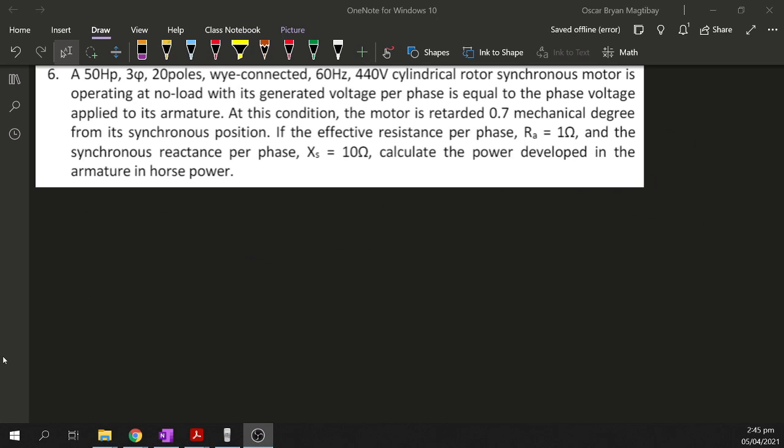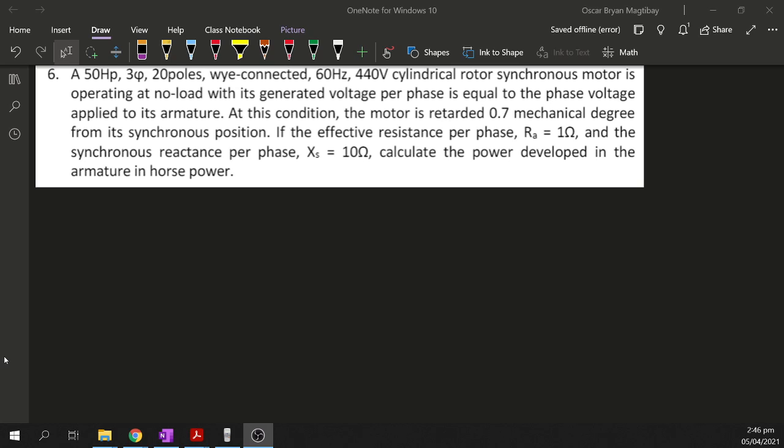Okay, ito naman, ang sasolve naman natin sa point na to is yung last item. Medyo may pagka-tricky ito kasi meron ditong isang sentence na bibigay sa atin ng question. So a 50 horsepower, 3-phase, 20-pole, Y-connected, 60 Hz, 440 volts, cylindrical rotor, synchronous motor is operating at no load with the generated voltage per phase equal to the phase voltage applied to the armature.